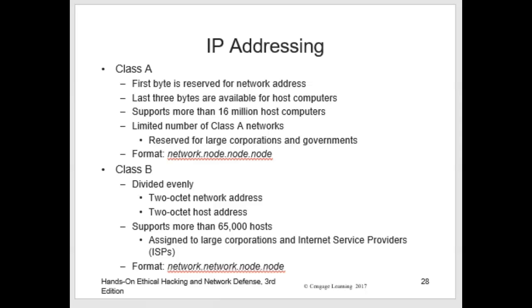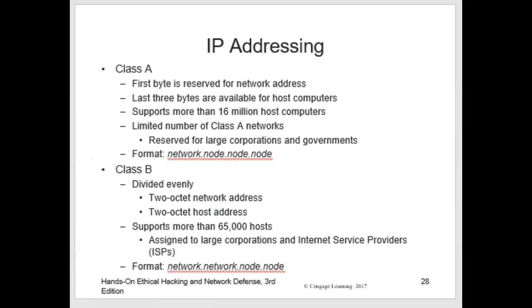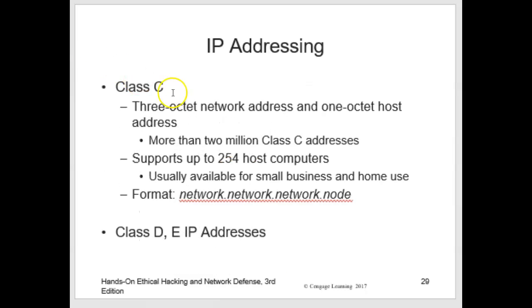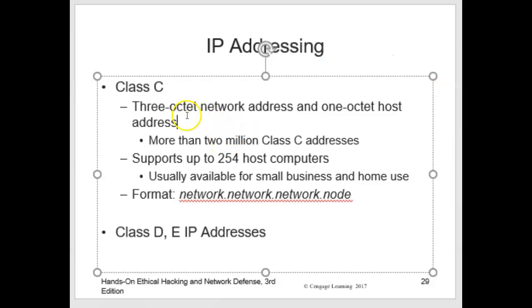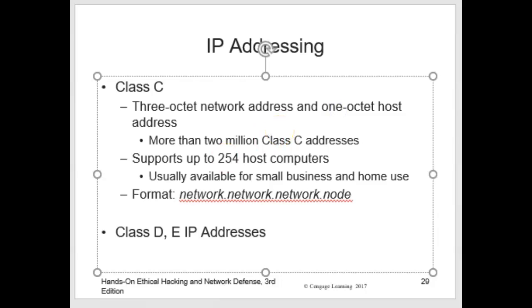So the first byte or octet is reserved for the network address, and the other 3 octets or bytes are for the host computer. Class B is a little different. It's the first 2 for the network address, and the last 2 octets for the host address. And you can see what it's doing. It's increasing or decreasing the number of hosts or the number of networks that a company can have, right? Class C has 3 octets for the network address and only the last octet for the host addresses. It would have fewer hosts.